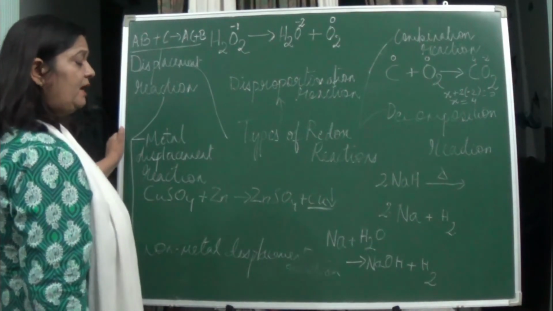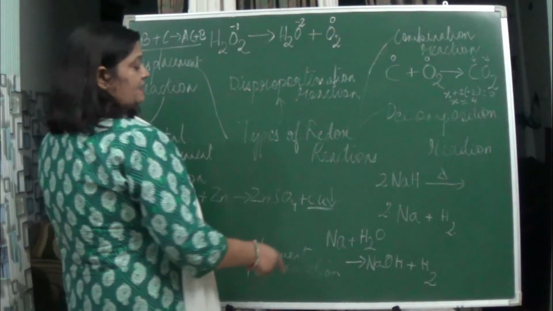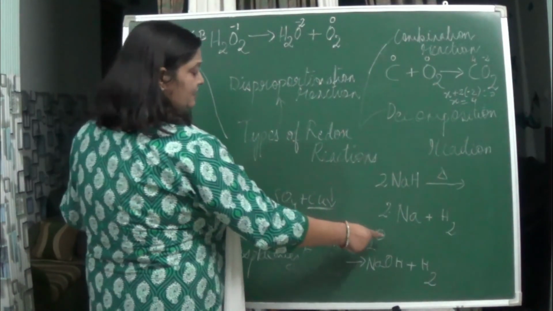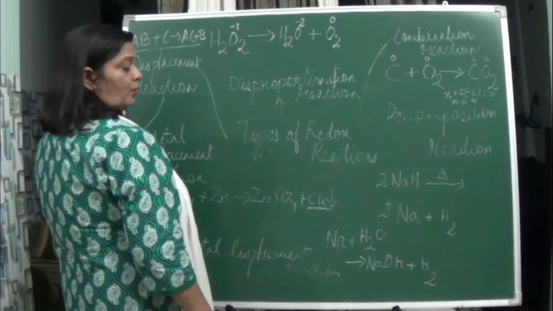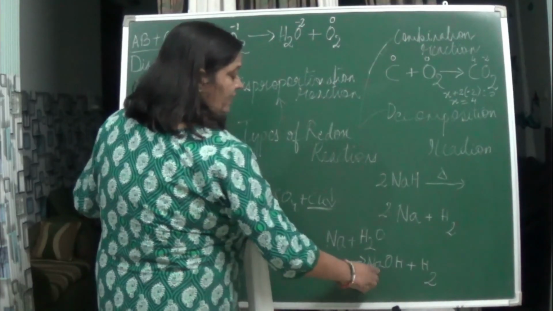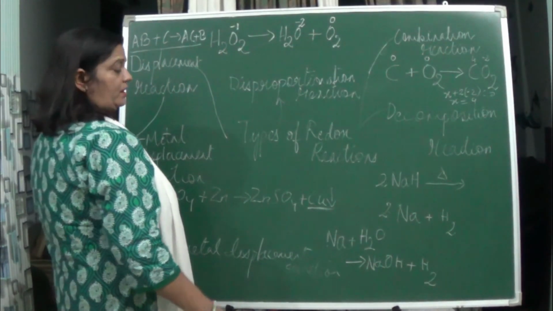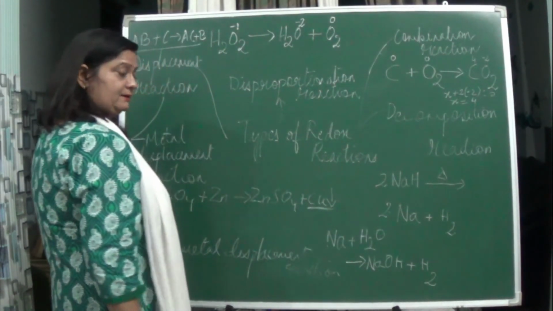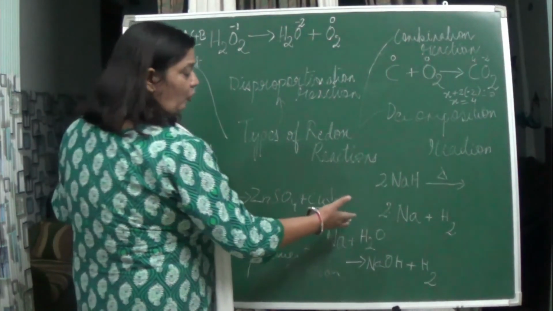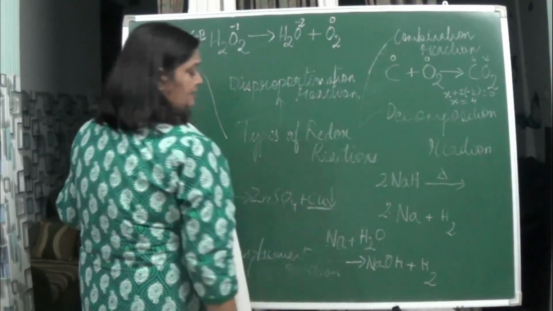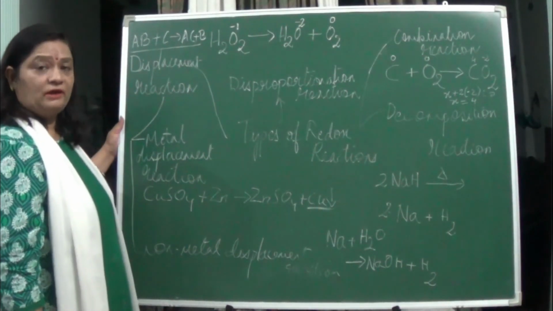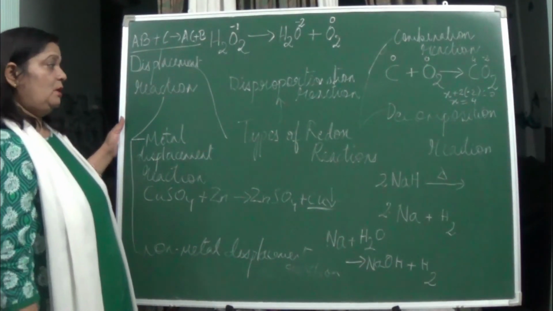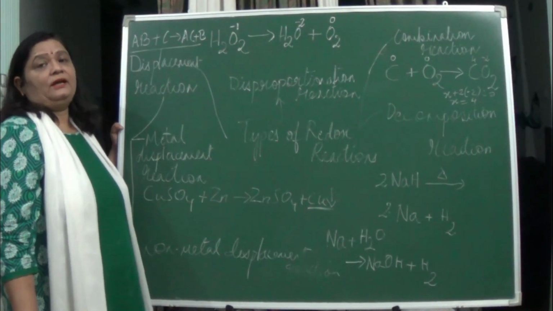Here we can see that sodium has displaced hydrogen from water, forming NaOH, and hydrogen has been released. Here you can take out the oxidation states and see which has been oxidized and which has been reduced. So this is all for today. Good day. Take care.